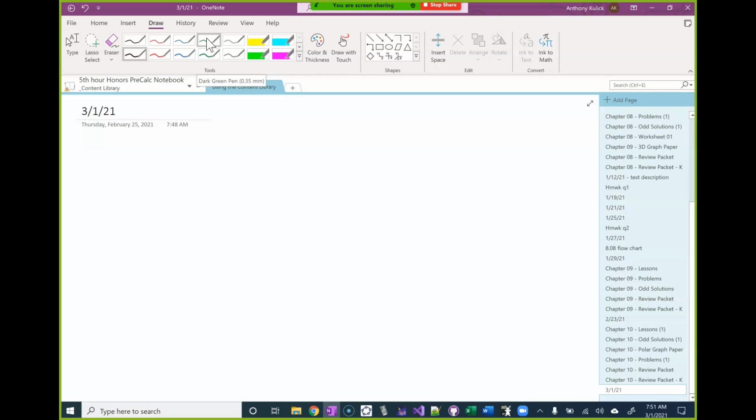So for a parametric function, we're going to define the x and y coordinates in terms of a third parameter that we're going to call t. So t is our parameter.